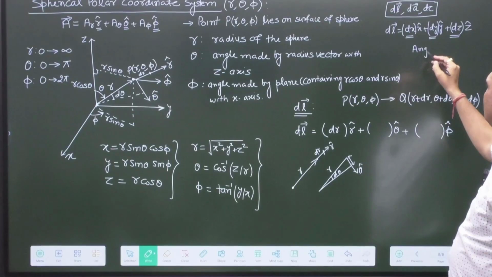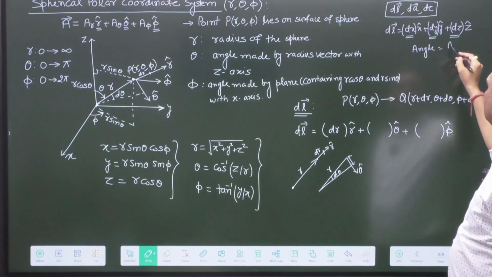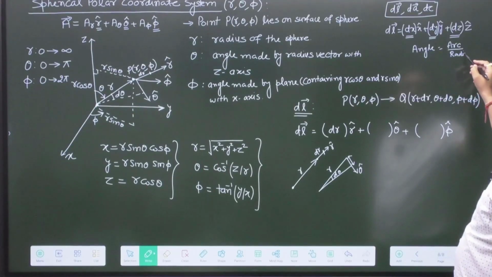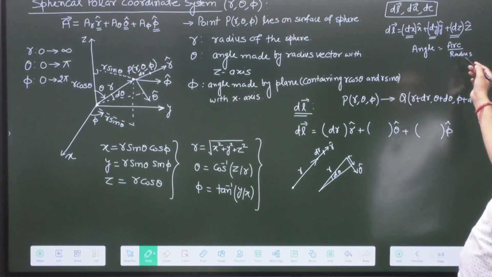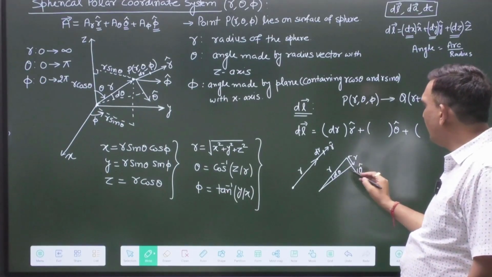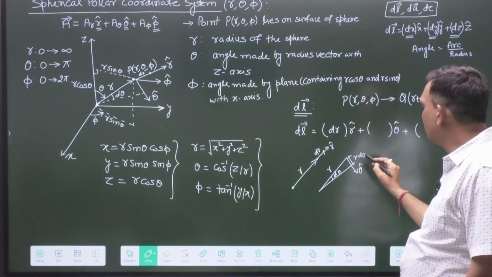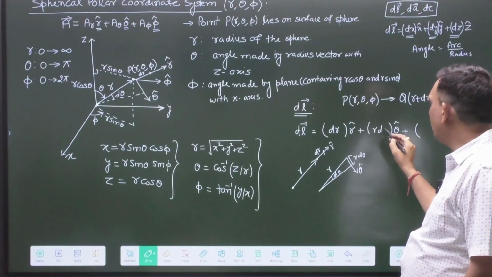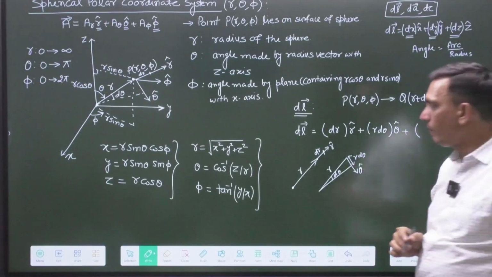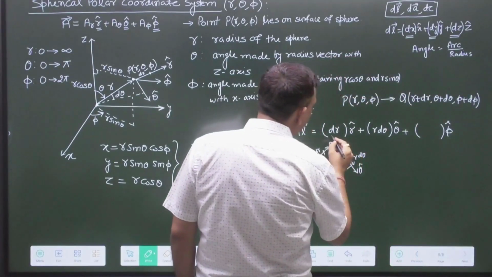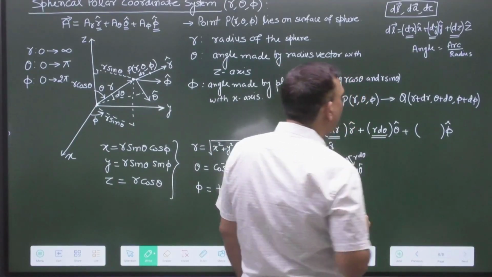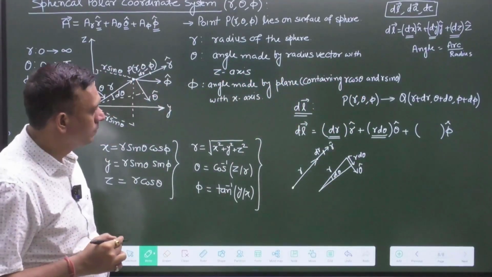So the arc will be simply r into d theta. So this change is given by r d theta. So the change along r cap is dr, and the change along theta cap is r d theta.